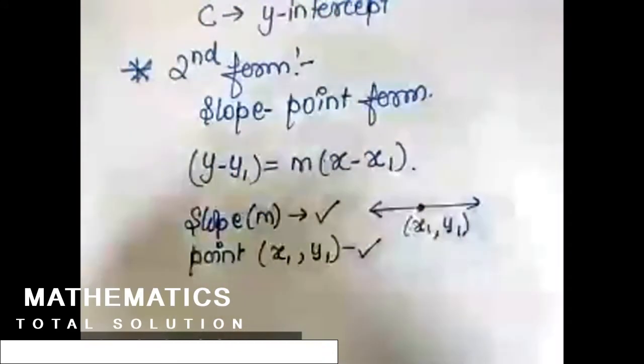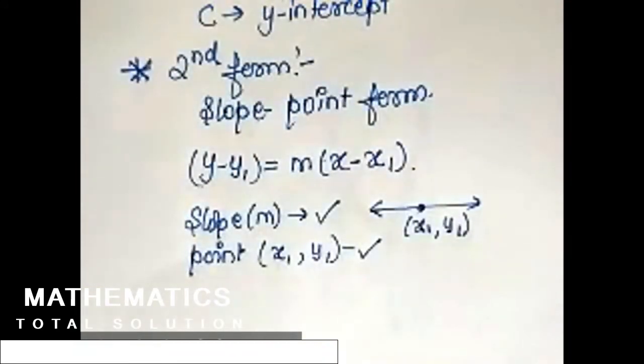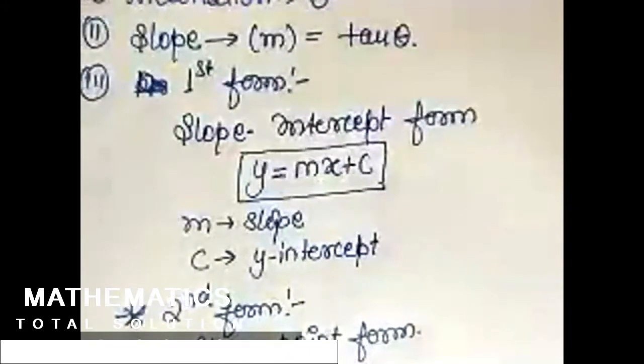So it's very simple. What form will be used in a particular question depends on what is given in that question. If slope of the line is given and a point on the line is given, we use slope point form. If slope and y-intercept of the line are given, then we call it what?